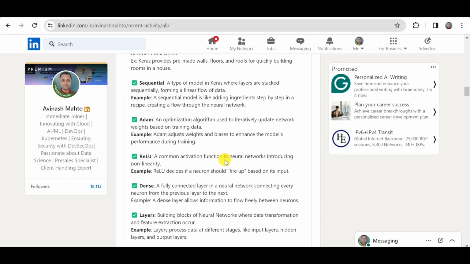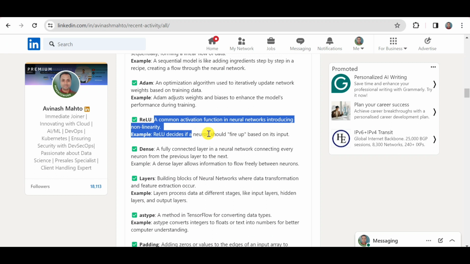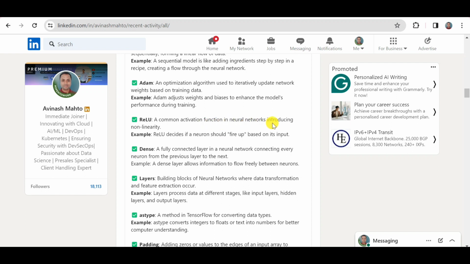If you go here, in my post I have also mentioned it. Theoretically, ReLU is a common activation function in neural networks introducing non-linearity. Again, I would suggest you go and think about what linearity and non-linearity are. Let me give you one example. Say a dog barks.